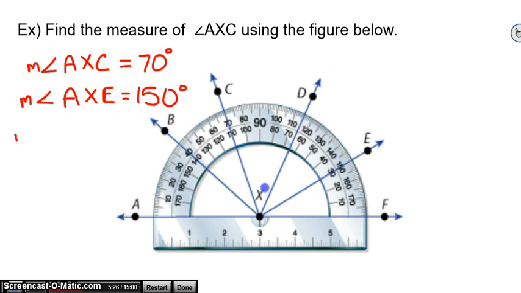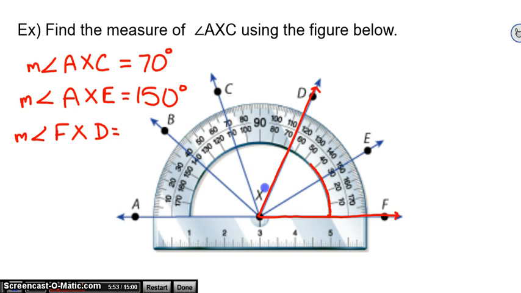One more. Let's find the measure of angle FXD. Now this time we're talking about this ray and how wide it is when we connect it to this ray. So what is the angle of FXD? Since we're starting with ray XF, we're actually going to work on the inside of the protractor where the 0 is.